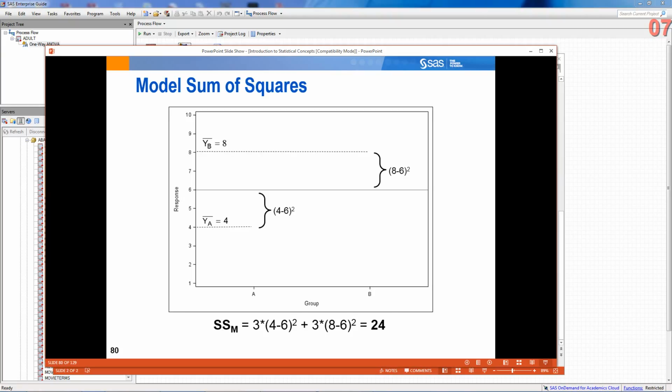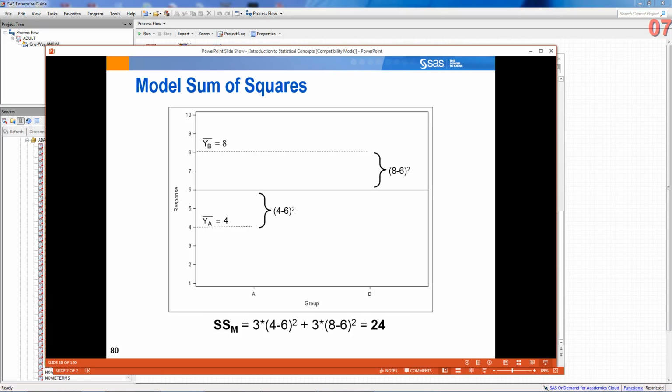Now SSM is the sum of squares due to the model. Remember, we are trying to say the group is the reason for differences in the overall mean. So the mean for group A is 4, and the mean for group B is 8.